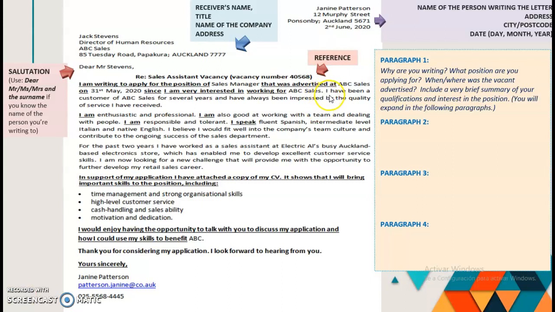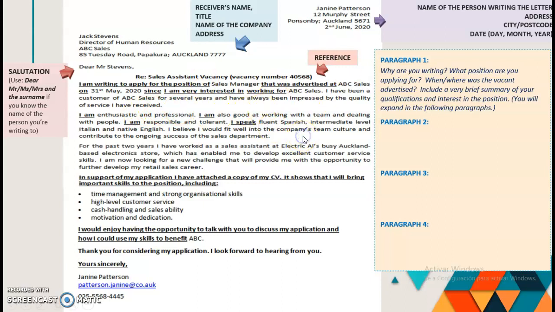It would also be useful to highlight something about the company. For example, "I have been a customer of ABC Sales for several years and have always been impressed by the quality of service I have received." So this would be in the first paragraph.